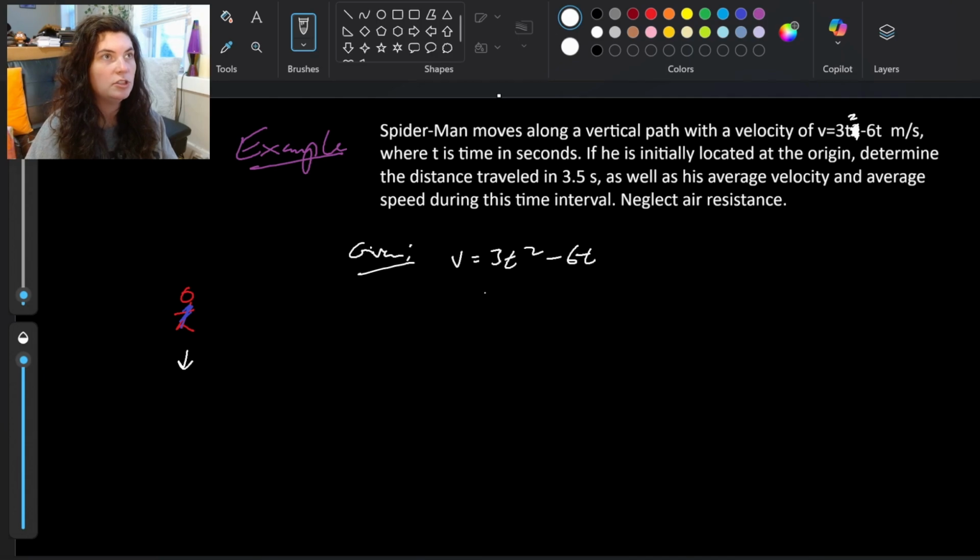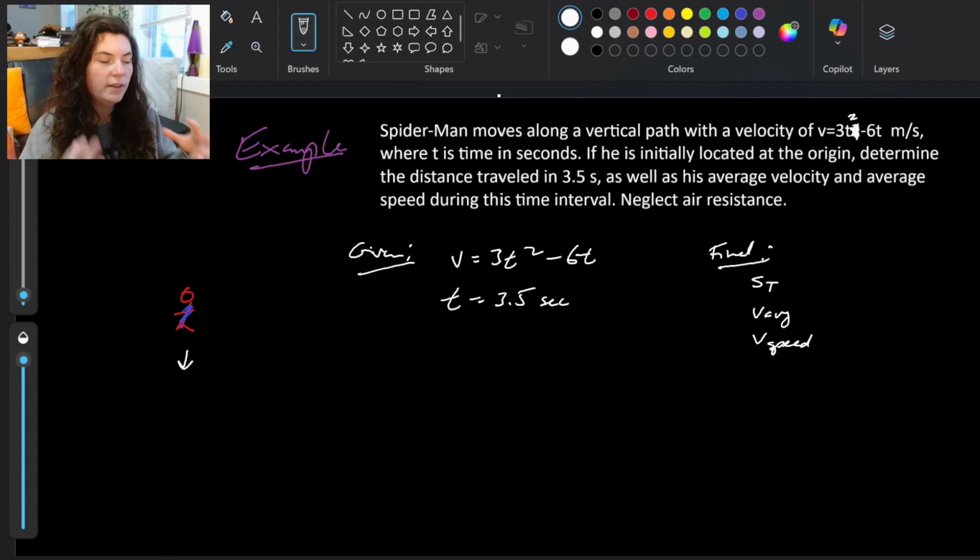He's located at the origin. Determine the distance traveled in 3.5 seconds. So we want to find distance traveled, that's our s sub t, as well as average velocity and average speed during this time.